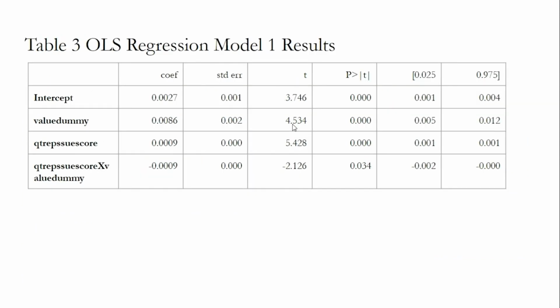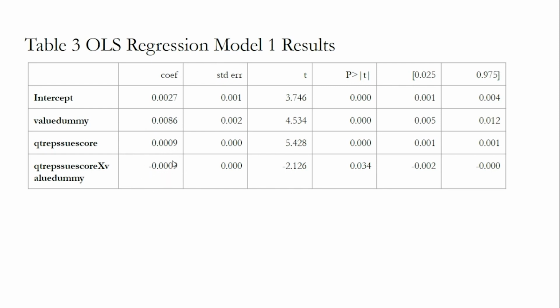So if we look here, this basically means that, so this is the coefficient for all other companies, and this is the coefficient for value companies. So it's 0.0009 minus 0.0009 for value companies. So this is close to 0.